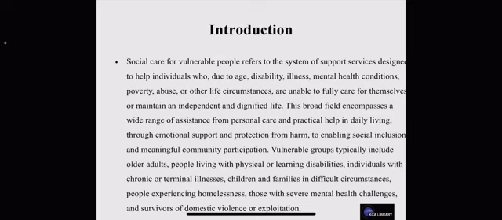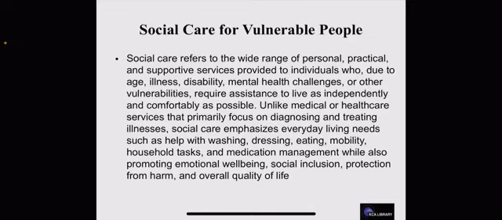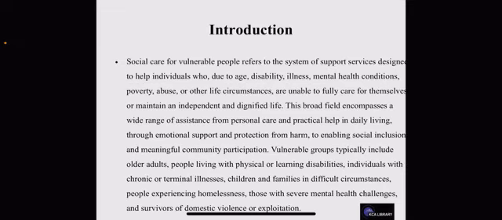So the proper care is the act of supporting them and providing for them properly, so that they can actually fully care for themselves and also maintain an independent and dignified life in the society.